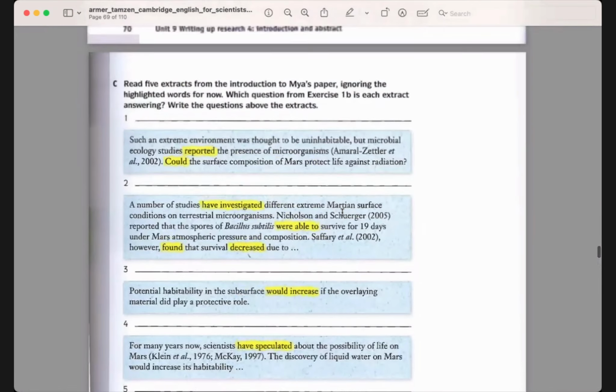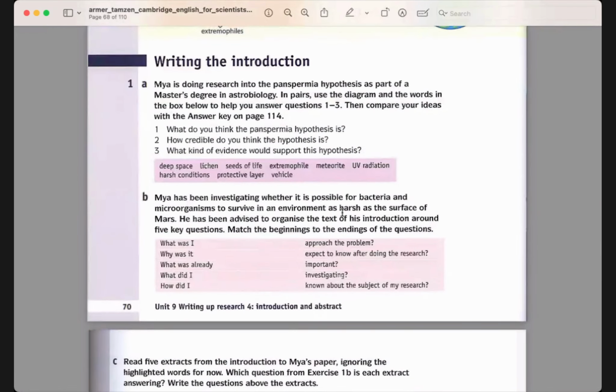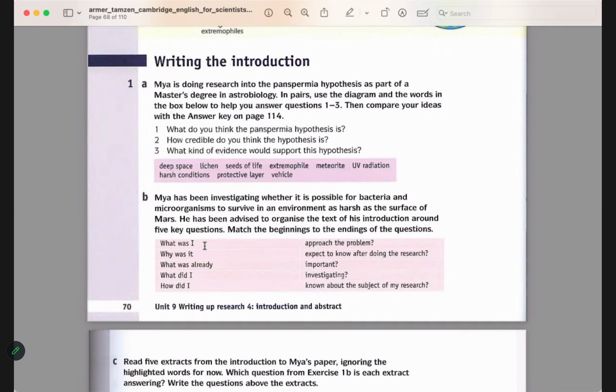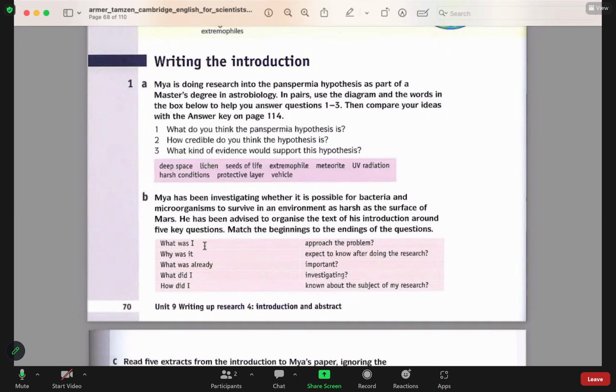Okay, and speaking about the introductory part. The introductory part answers some questions, and these questions are presented in part B. What was I investigating?